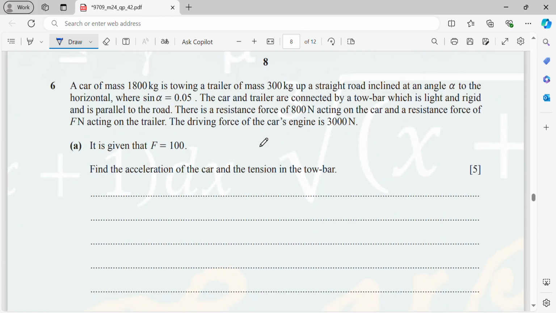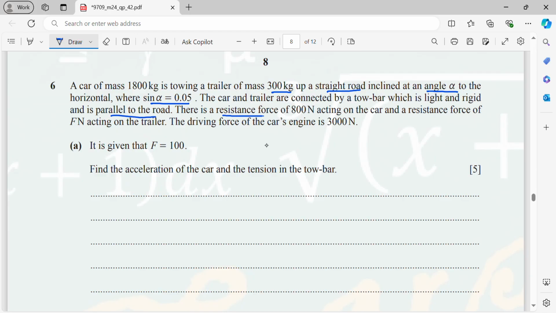Okay, now for question number 6. A car of mass 1,800 kilograms is towing a trailer of mass 300 kilograms up a straight road inclined at an angle alpha to the horizontal, where sine alpha is 0.05. The car and trailer are connected by a tow bar, which is light and rigid and is parallel to the road.